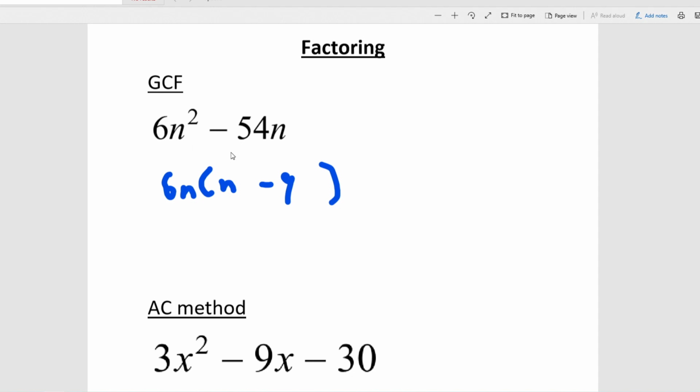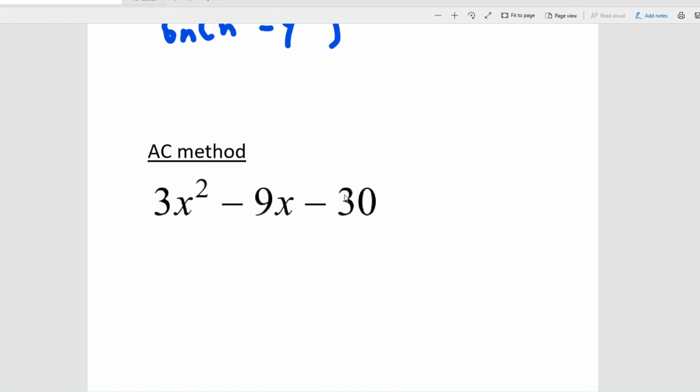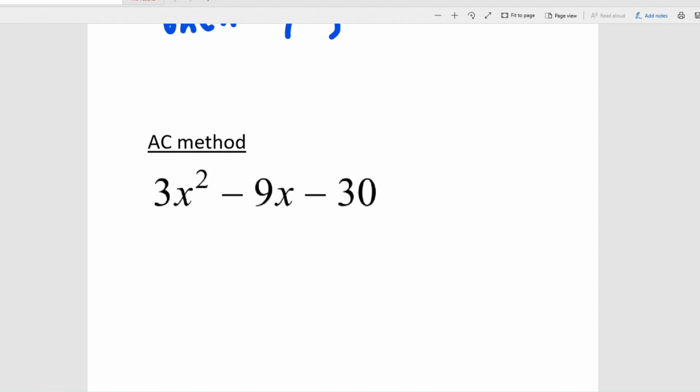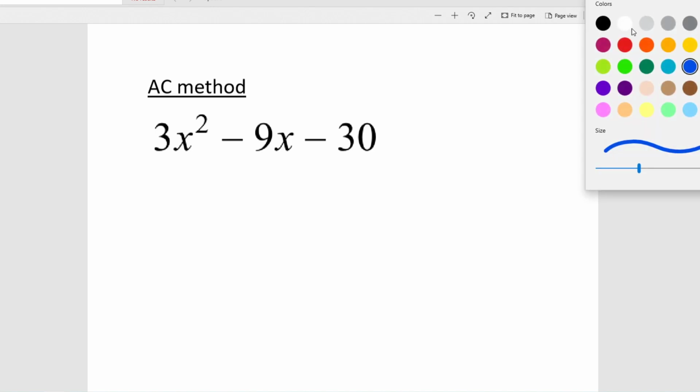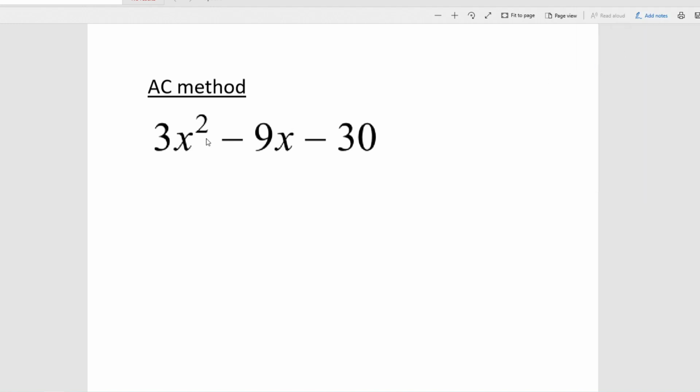So this is one example of greatest common factor. You just look for something that's in all of the terms. Then we're going to look at the second one. This actually is a combination of things. Greatest common factor is one of them. There is a common factor in all three, and that is 3. So I'm going to get that out first.